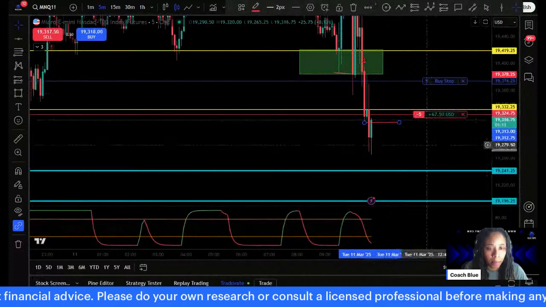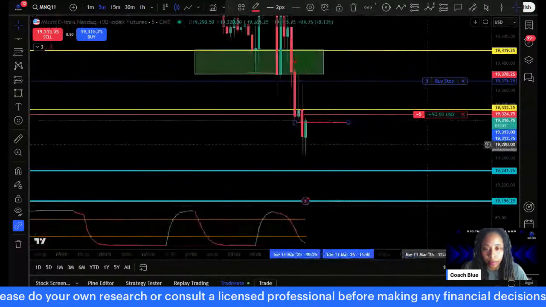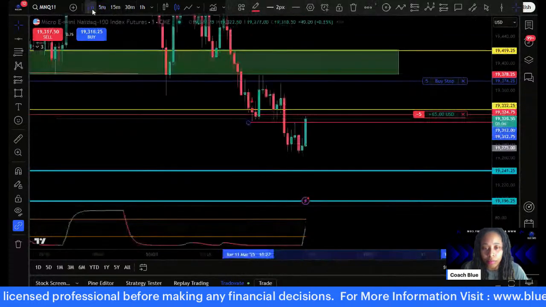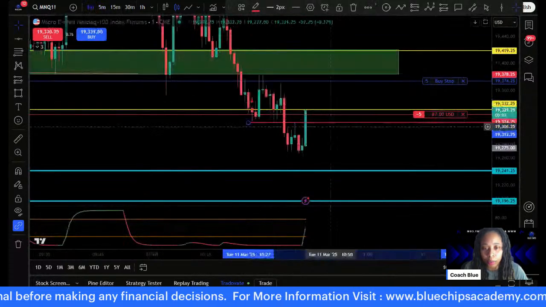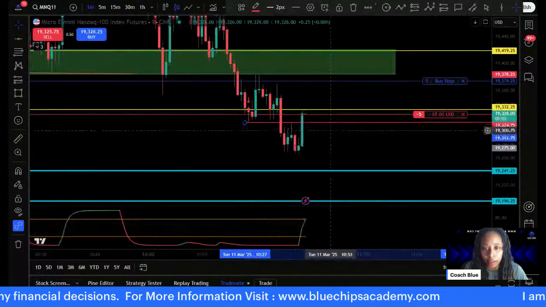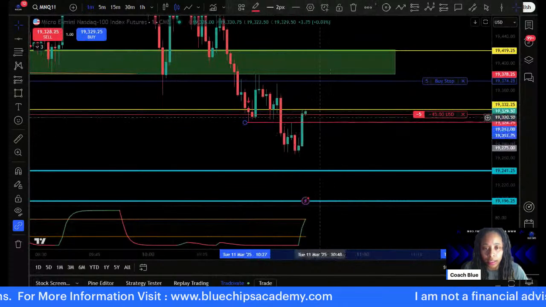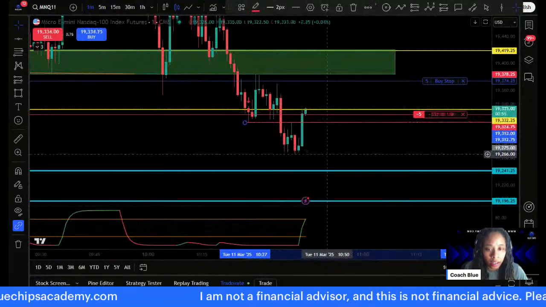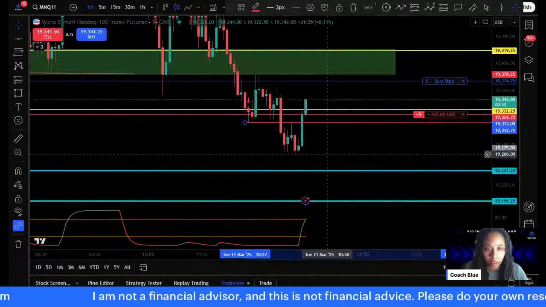Let's see. We got a minute left on this one right here. See what we got going on the 1 minute. We're getting a little bit of pushback right here. If we stay under this level, then that's good. If not, then we gotta reconsider some stuff here.